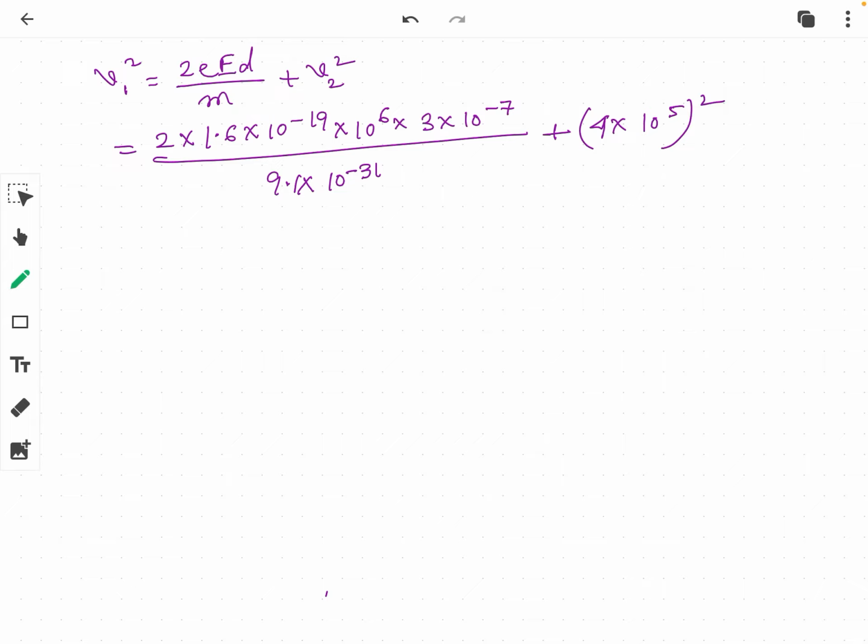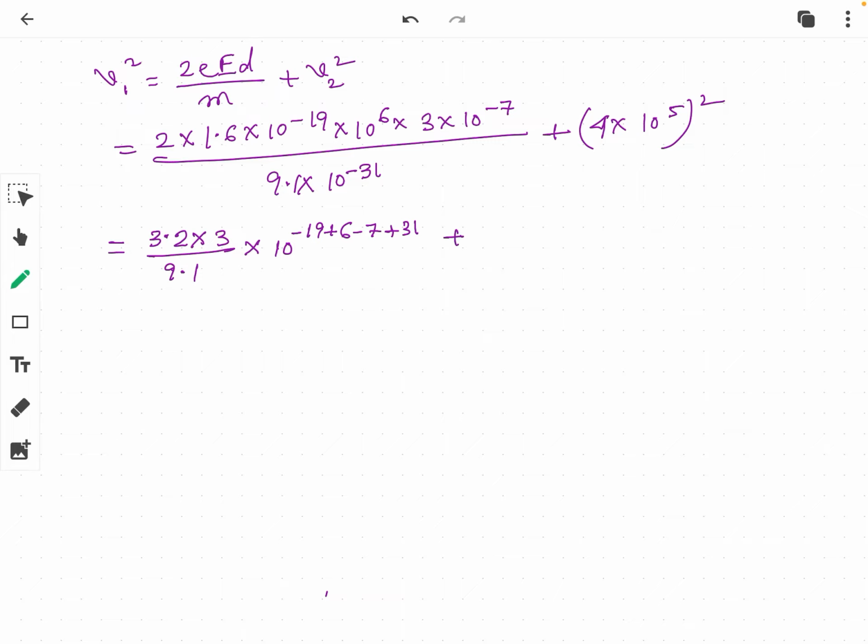If we calculate it in our calculator, because without the calculator it's very tough to calculate. First simplify it on our own: 1.6 into 2 is 3.2, into 3, divided by 9.1, and take the powers of 10 separately, that is 10 to the power minus 19 plus 6 minus 7 plus 31.